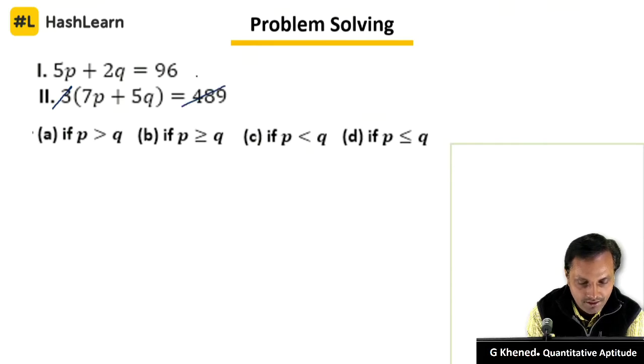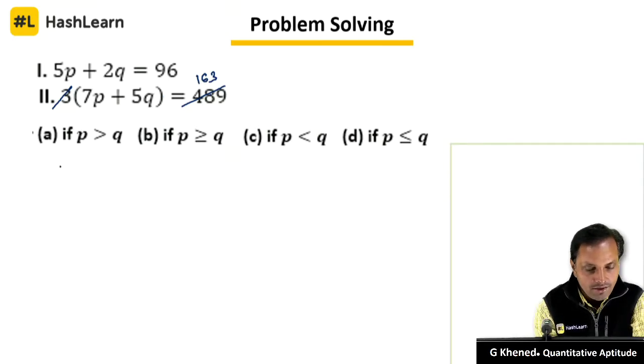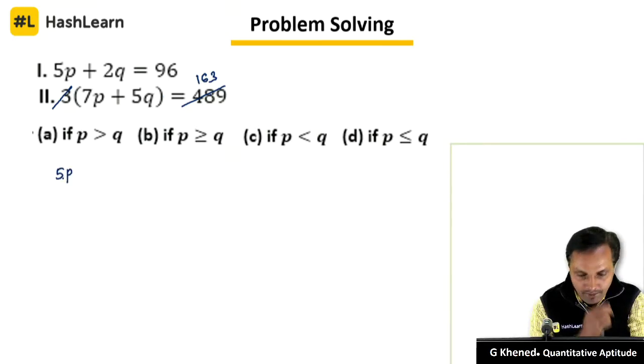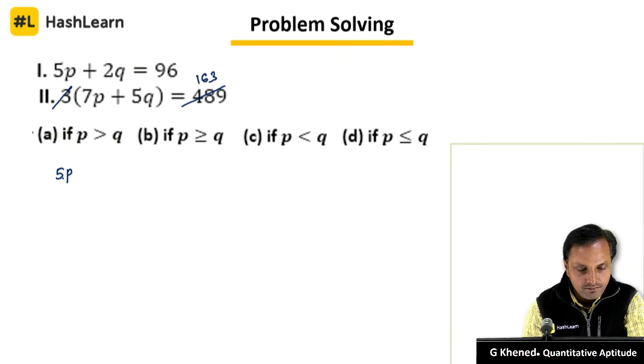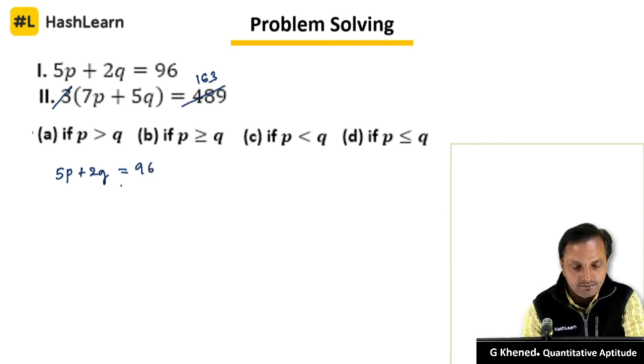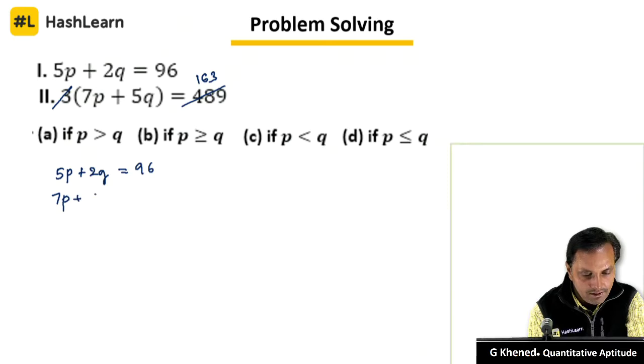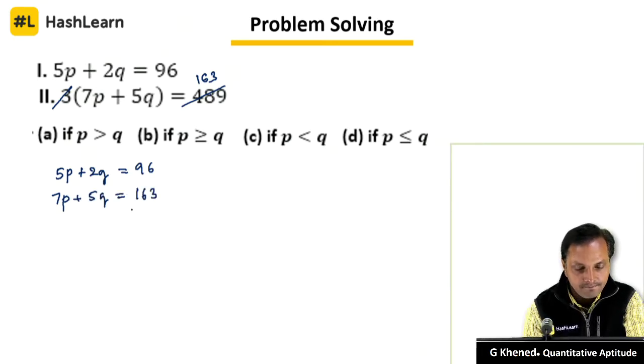3 will go in this, 3 ones are 3, 3 6 are 18, carry 1 18, 3 6 are 18, 3 3s are 9. So you will have two equations, 5p plus 2q is equal to 96, 7p plus 5q is equal to 163.